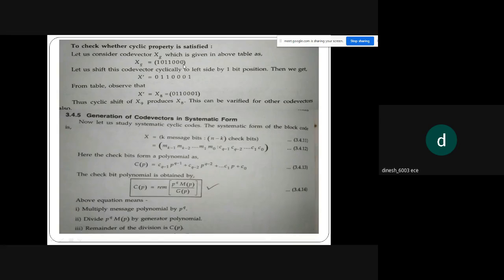So if it comes, you will get a vector: 0 1 1 0 0 1 1.